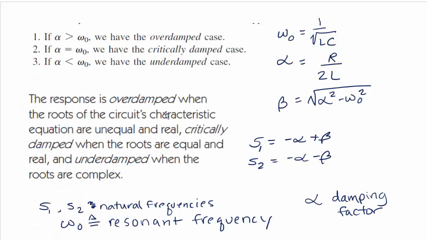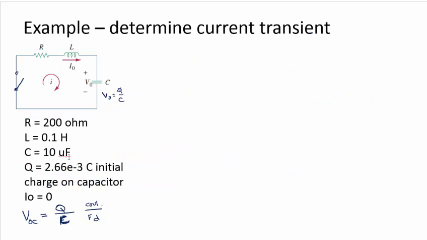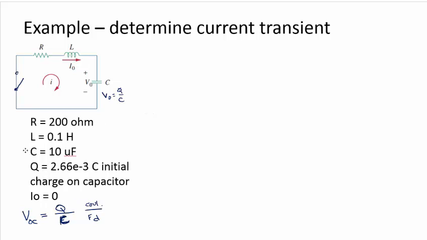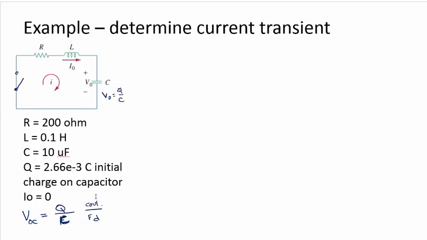Critically damped occurs when alpha equals omega naught. Let me show you what that plot looks like, and then we'll look at what the solution is for the critically damped case. I just changed this capacitor to 10 microfarads, and it's going to give me the critically damped case.